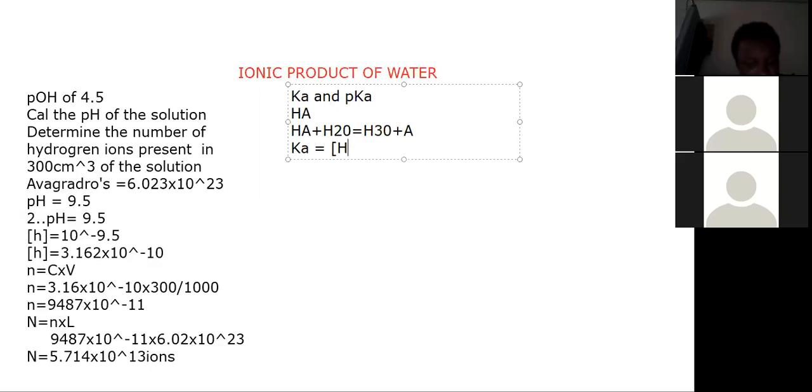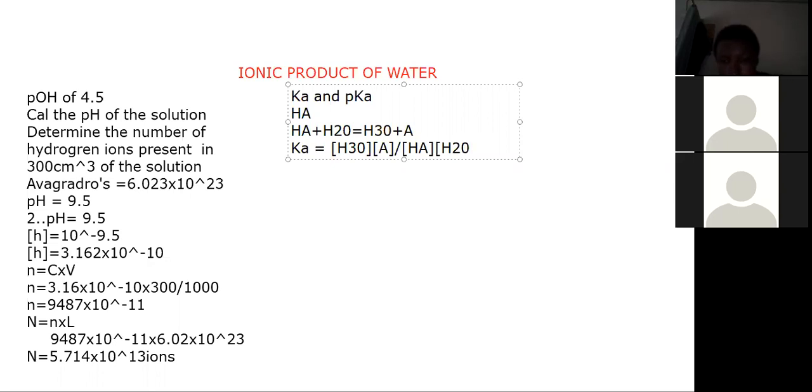So we are going to get H3O plus, into bracket A minus, all divided by the reactants, the product of the two, HA and H2O.